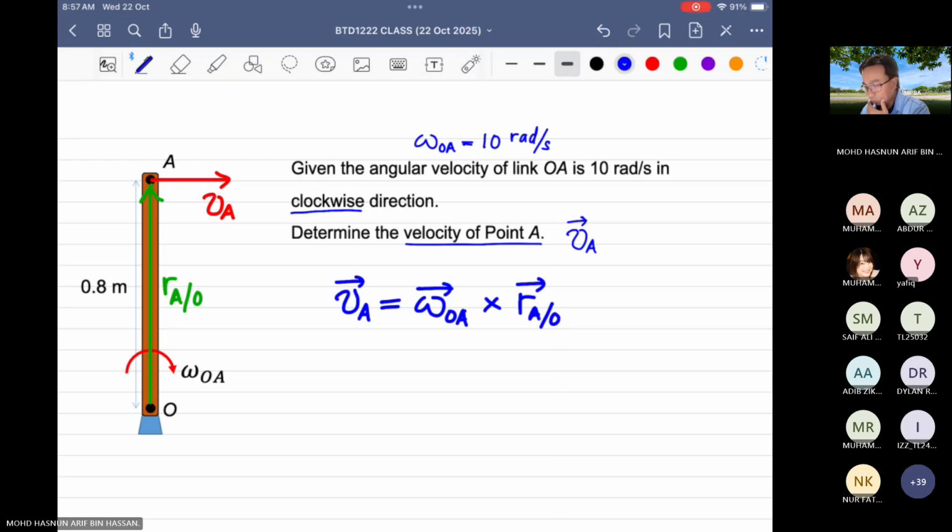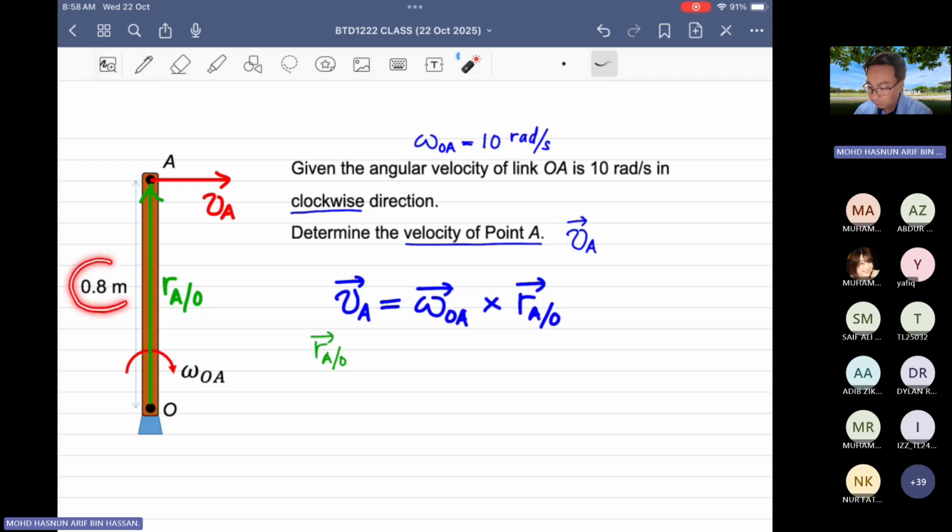So we need to find what is RA/O first. By looking at the figure here, we can already identify the height is 0.8 meter, and it is pointing upwards in the y-axis. Before that, you should draw your axis.